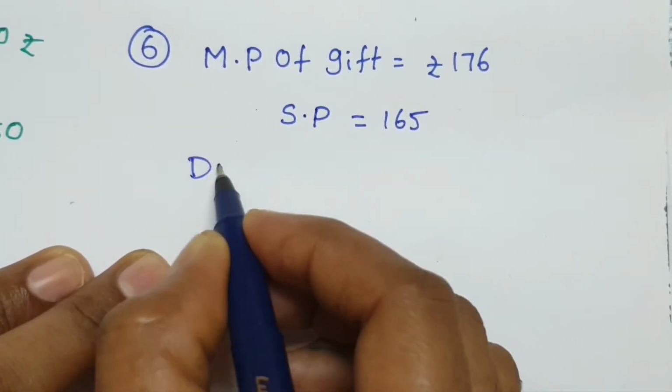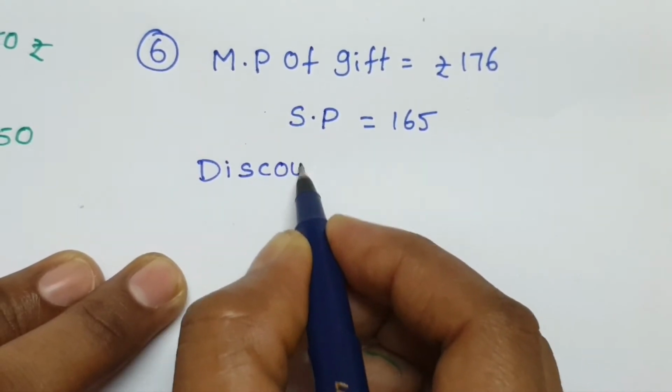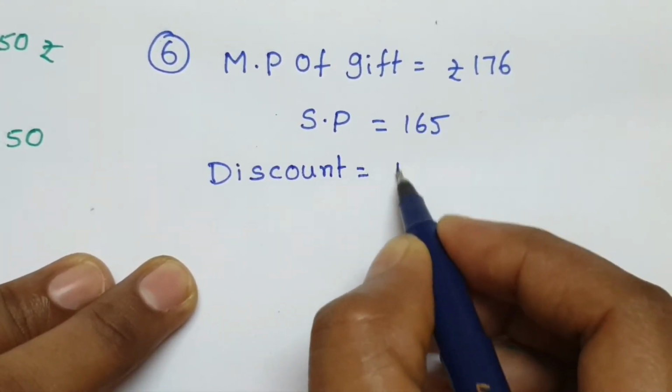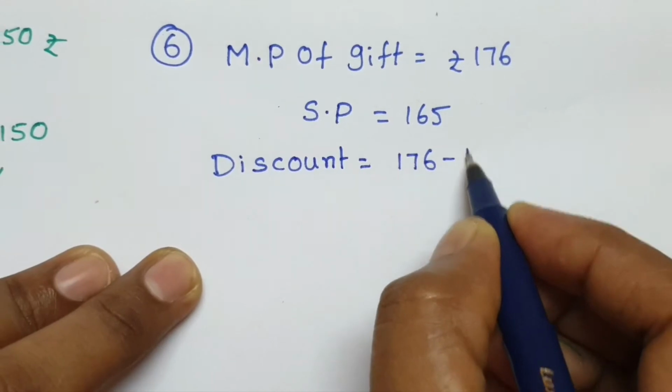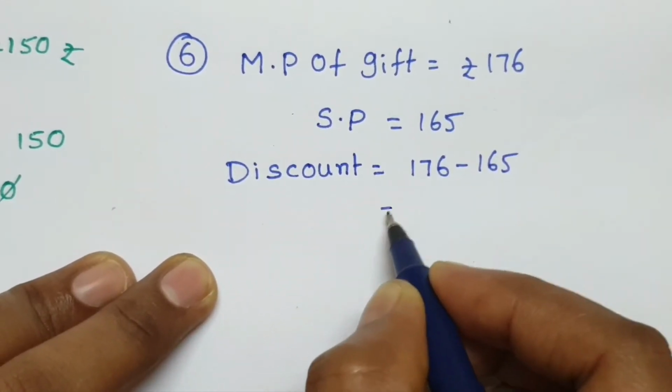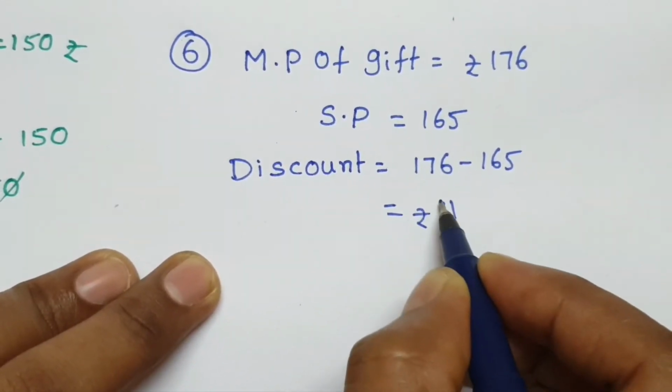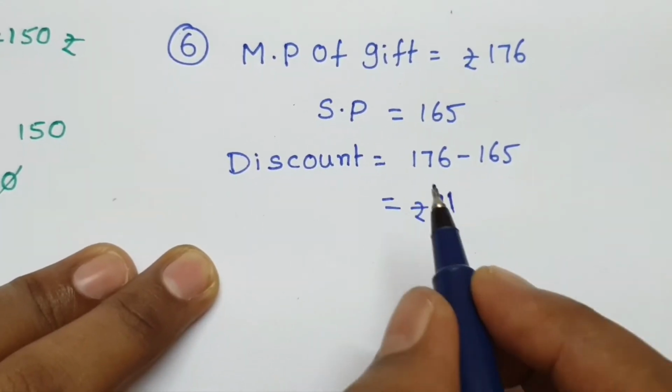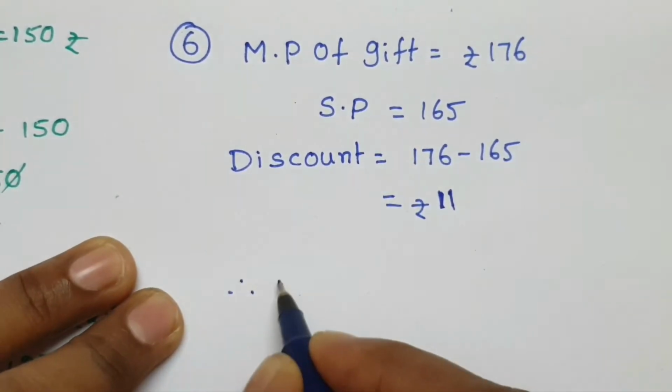For that, discount equals 176 minus SP 165. We get 11 rupees.